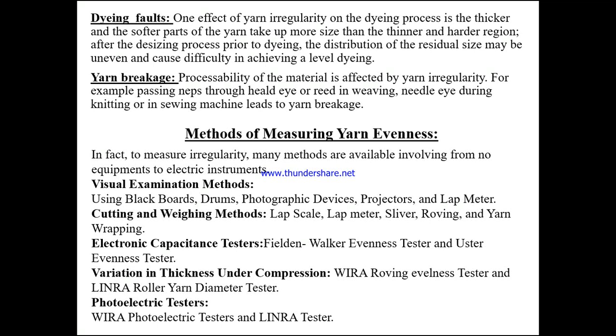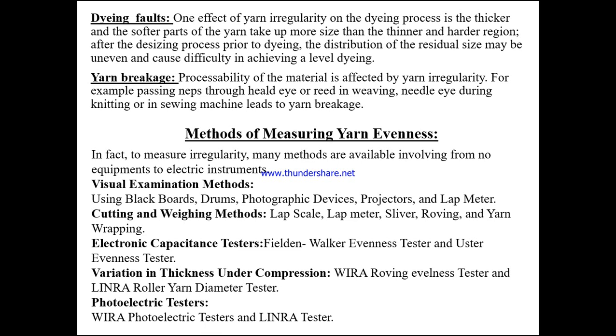For example, 1 is the highest grade, with no uneven places, thick places, thin places or naps on the surface, 2 has higher unevenness, and 3 has still higher unevenness. In this way we can grade. That is the visual examination method.